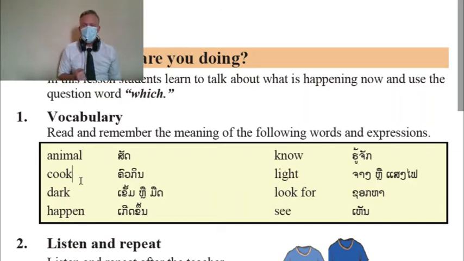Then we have cook, dark, happen, light, look for, see. All right, see. I want you to rewind the video if you want and practice them a few times so you can get the pronunciation right.